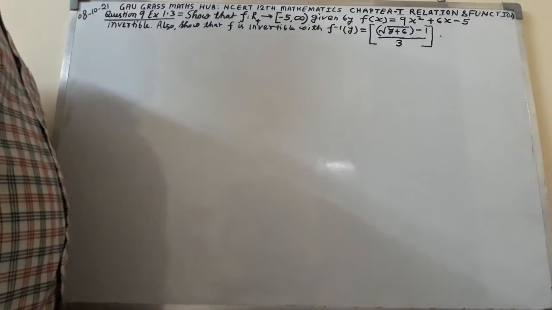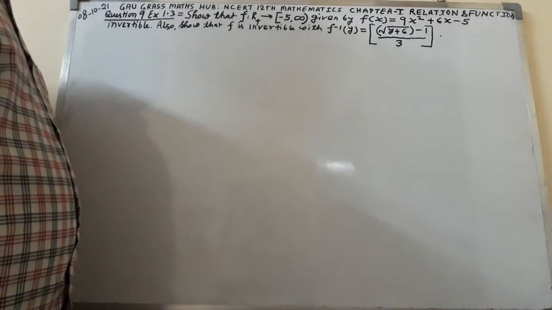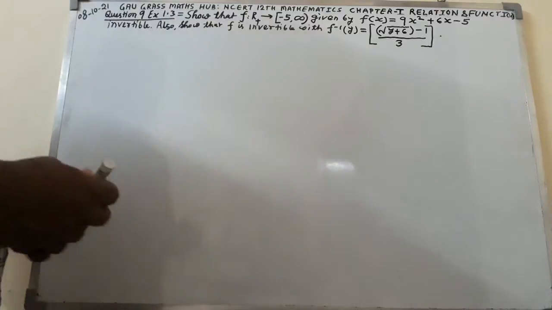Also show that f is invertible with f inverse of y equal to under root y plus 6 bracket close minus 1 whole over 3. Now let's come to the solution.